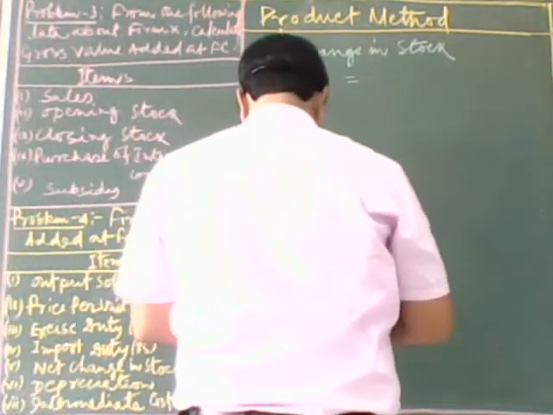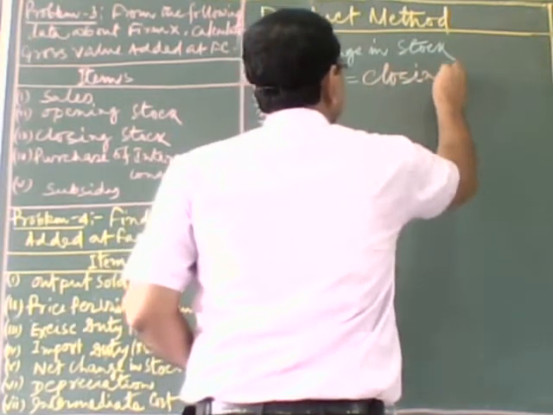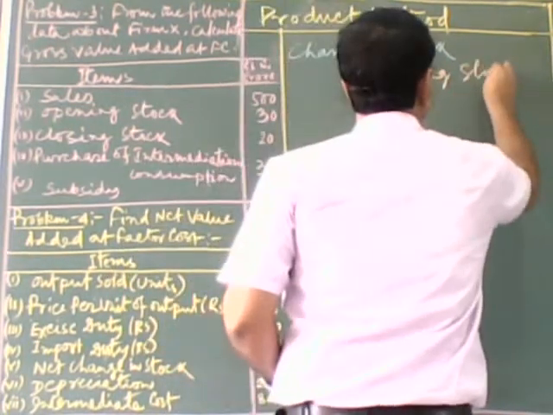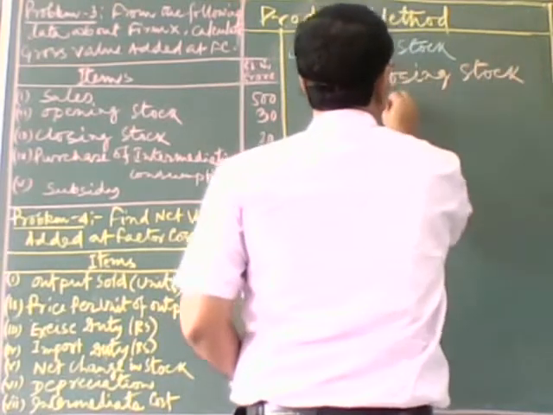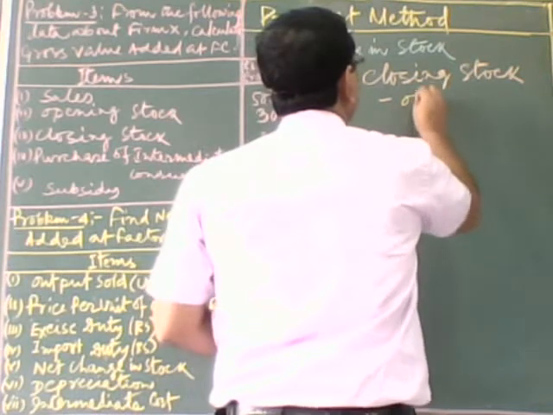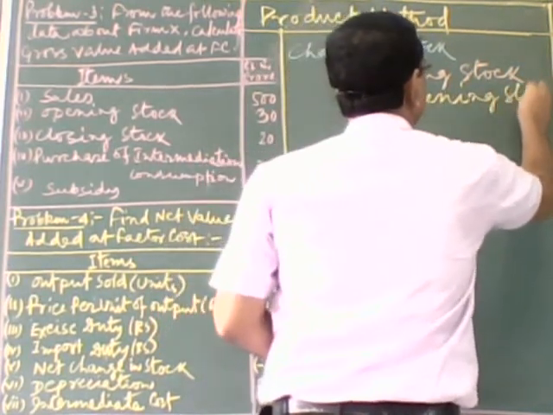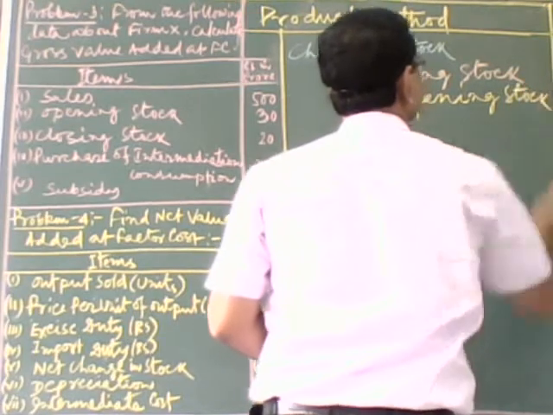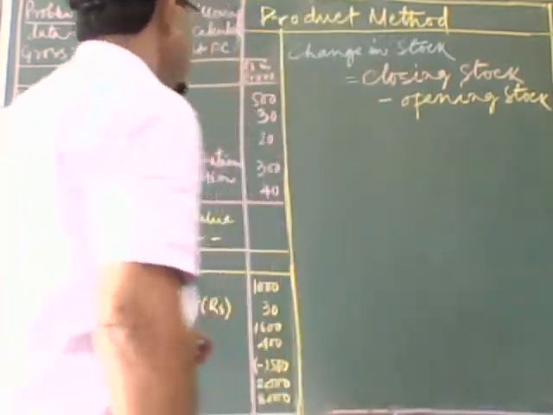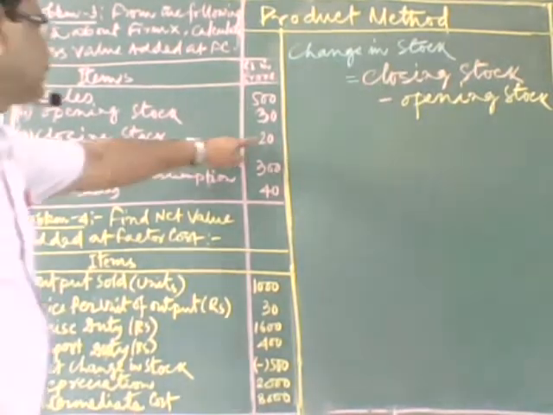Closing stock minus opening stock. The value of closing stock is 20.